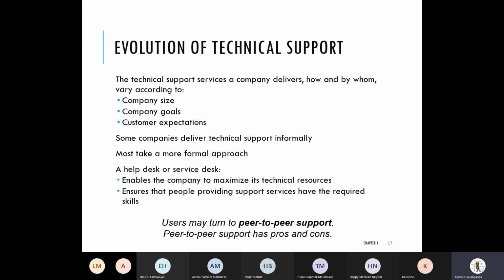The reason having peer-to-peer support is problematic in certain instances is that it might come to a point where that informal way of providing a solution becomes detrimental, where the initial incident or problem has not been resolved appropriately or timeously, or has only been temporarily resolved, and it's something that will still arise and cause productivity and efficiency issues a little later on.